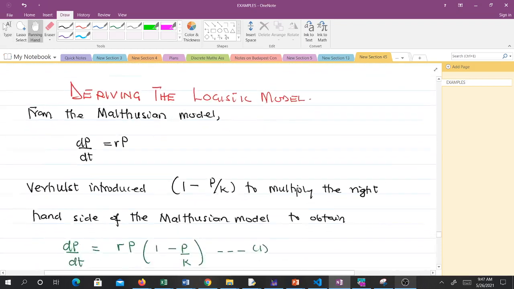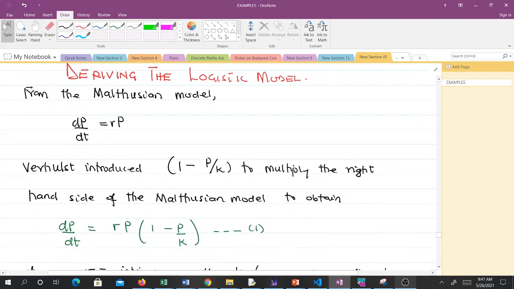So now let us see how to derive the logistic model. It's very simple. In our previous video, we learned how to derive the Malthus model, and we had this. Okay. So what Verhulst did was that from the Malthus model, he just introduced this factor 1 minus P over K to multiply the right hand side of the Malthus model to obtain this equation.